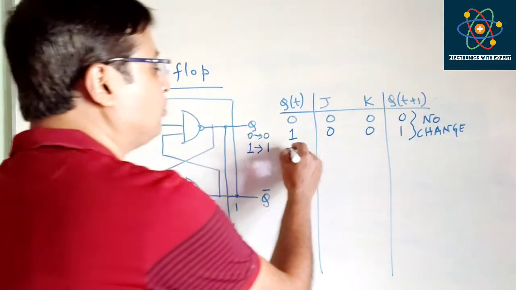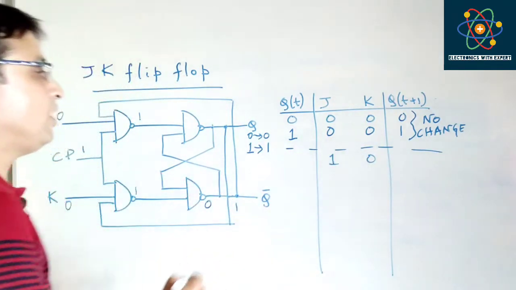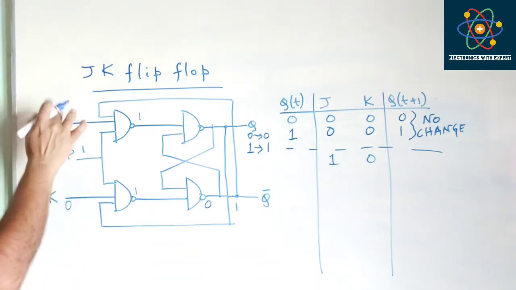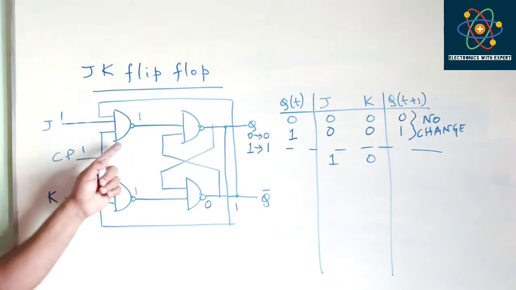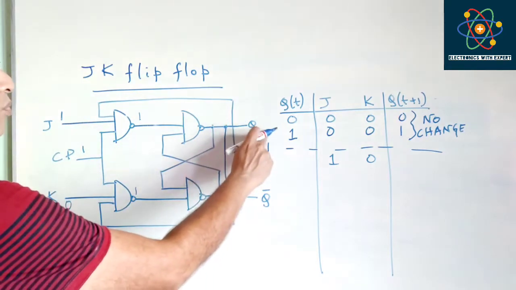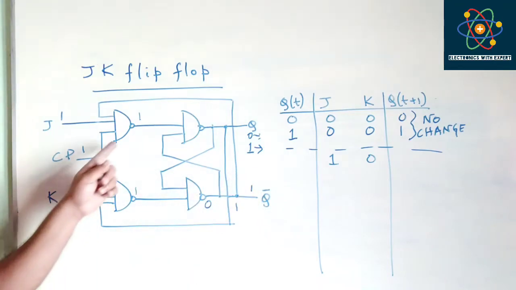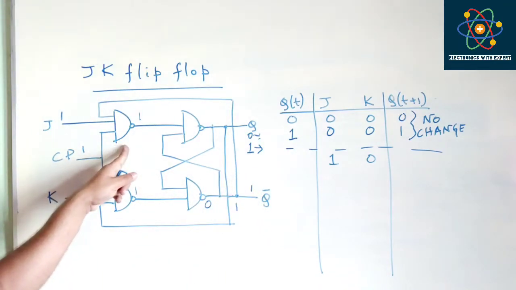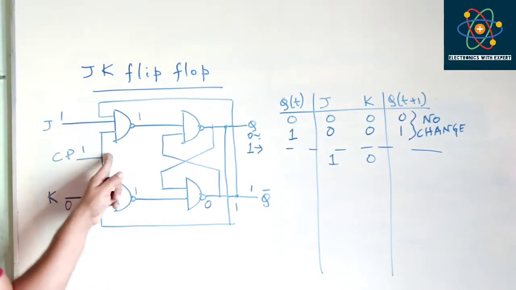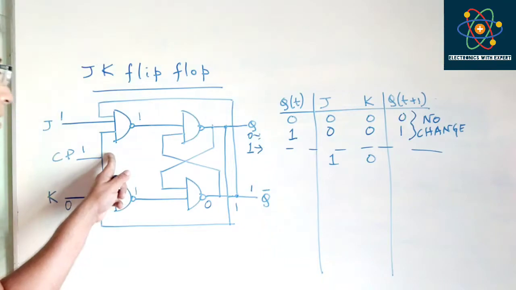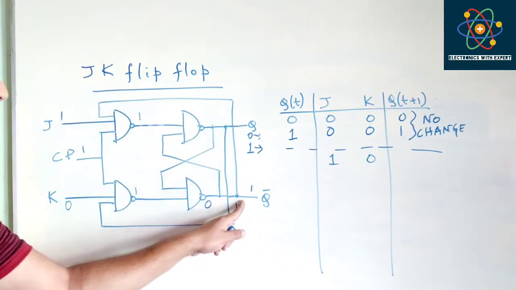Now let's move on to J=1, K=0. For J equals 1 and K equals 0, now this NAND gate input, if the previous state output was 0, then Q bar should be 1. For this NAND gate, one of the inputs has the value of J, the other is the clock pulse, and the third we are actually getting from Q bar.